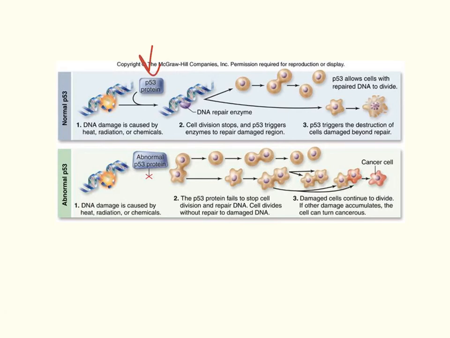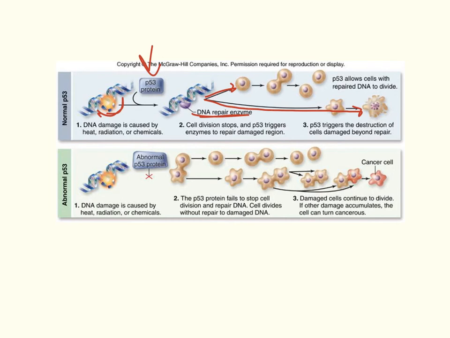When it detects damaged DNA, right here, it will then initiate repairs. A DNA enzyme will come in and repair it, and then it will allow the DNA to be copied and cell division to continue.